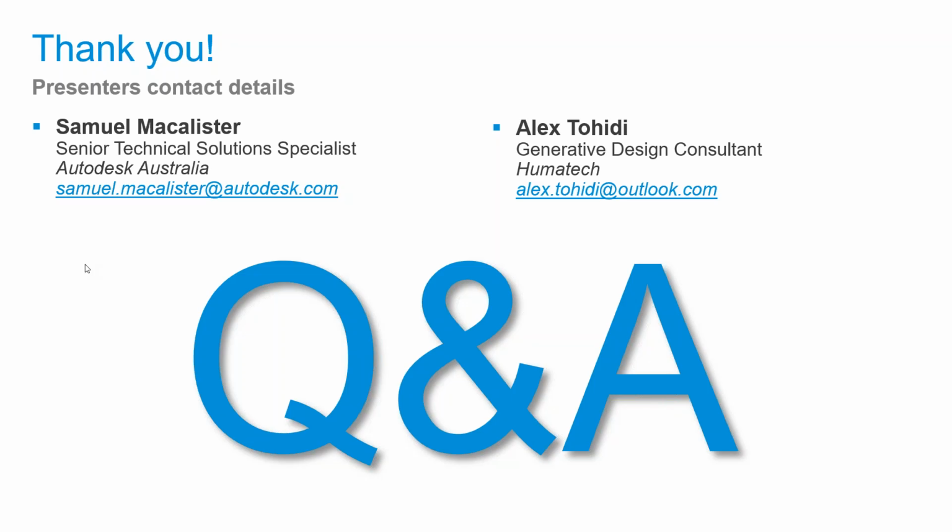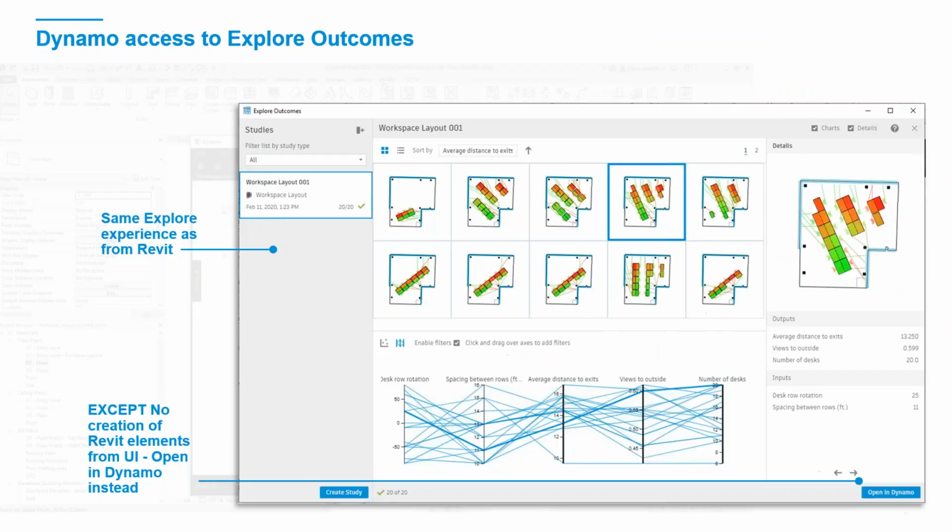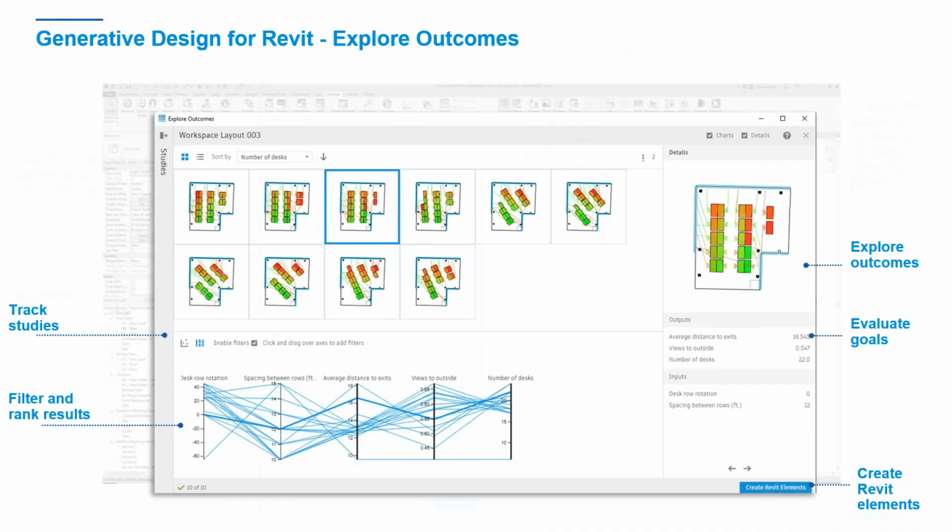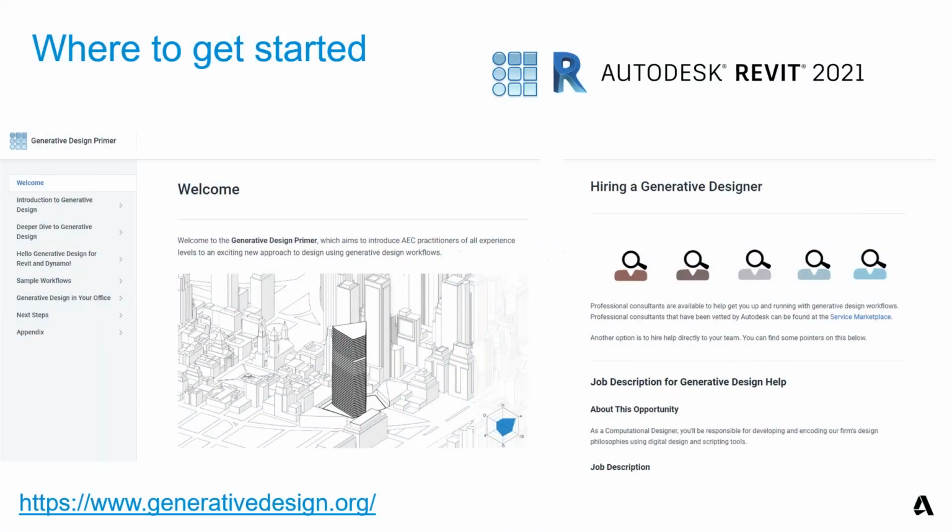We have the primer there, which is a really good, thorough document on what Dynamo is, how the nodes work, and understanding the logic behind the way that the data flows inside of Dynamo. From there, we also have the Dynamo Dictionary, which you can access from the same webpage. It goes into detail and explains what all of the nodes are inside of Dynamo.